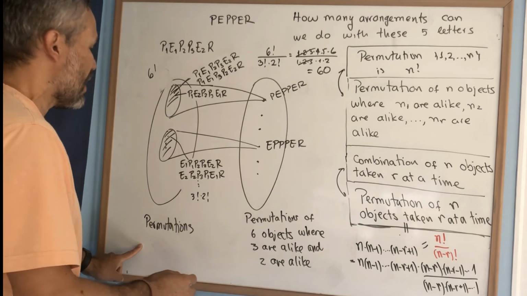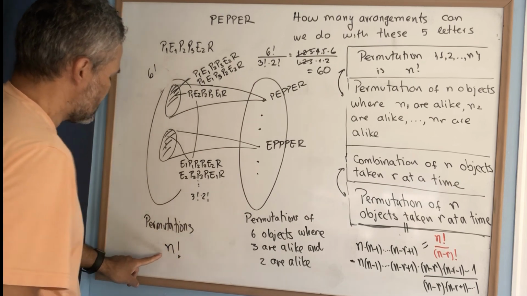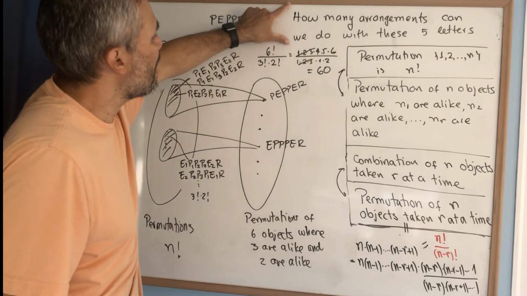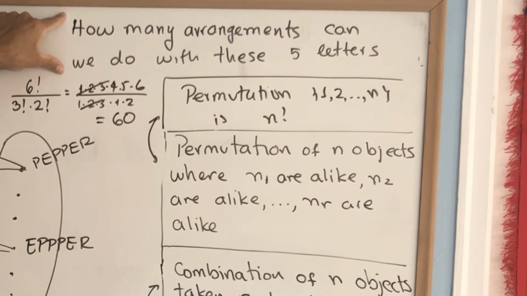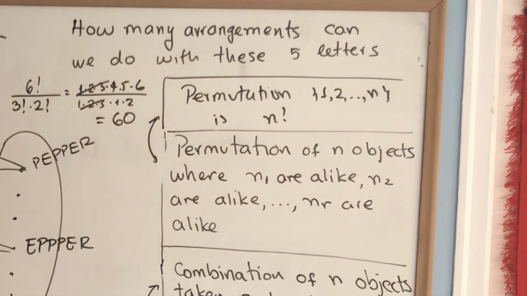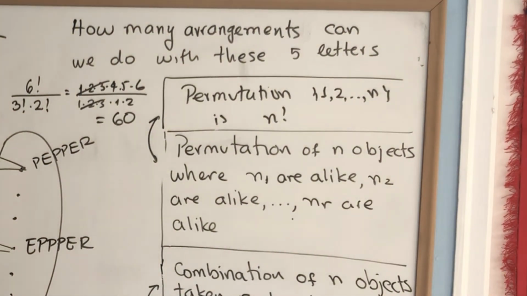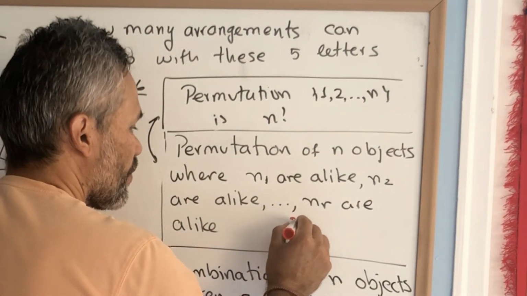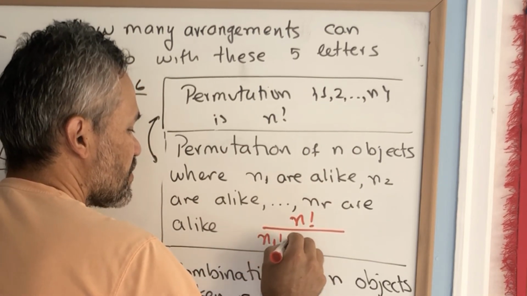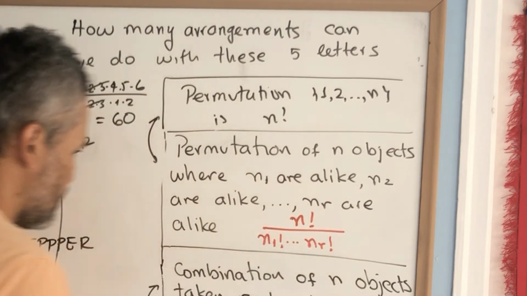In general, the number of permutations of N objects is N factorial, and the answer to the question, how many arrangements can we do with N objects where N1 are alike, N2 are alike, and so on, would be N factorial over N1 factorial times N2 factorial, and so on.